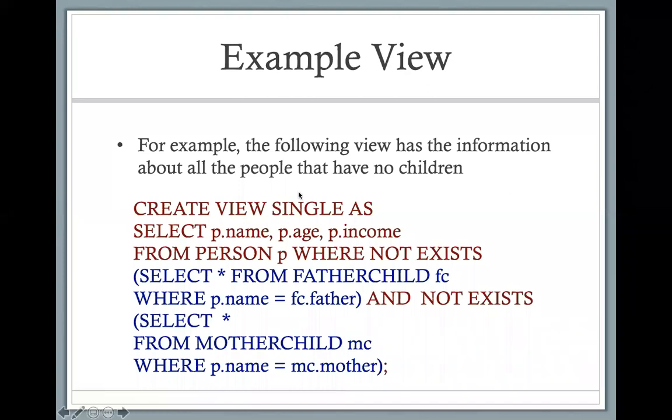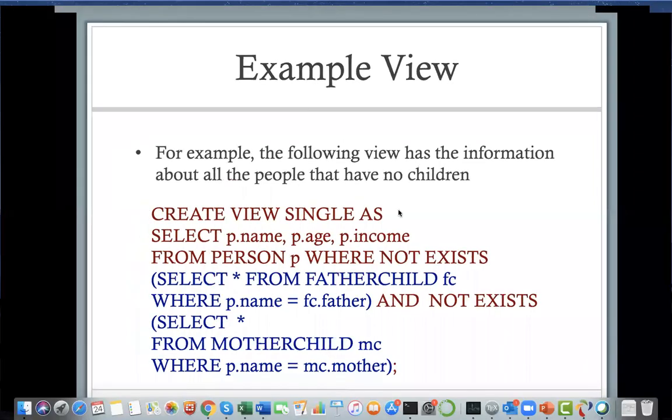So I'm going to say CREATE VIEW, and I'm going to call it single AS SELECT name, age, and income, that's the information of people, FROM person P, WHERE NOT EXISTS (SELECT * FROM father_child WHERE name = father) AND NOT EXISTS (SELECT * FROM mother_child WHERE name = mother). Or, basically, select name, age, and income from person where name not in (select father from father_child) and (select mother from mother_child). Yeah.